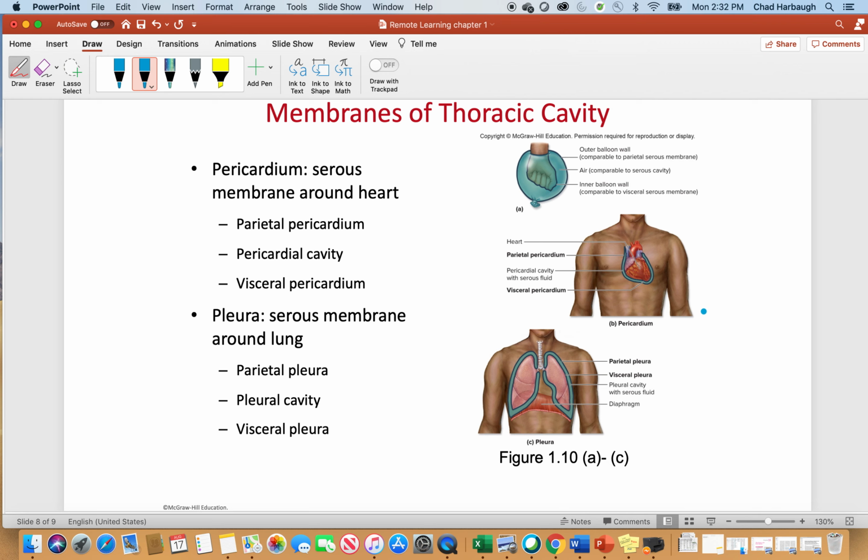So when we're discussing the differences of a serous membrane, which is going to produce serous fluid to help with lubrication and reducing friction, there's usually a parietal layer, which lines the internal surface of the body wall. There's a visceral layer, which covers the external surfaces of the organs, or the viscera.